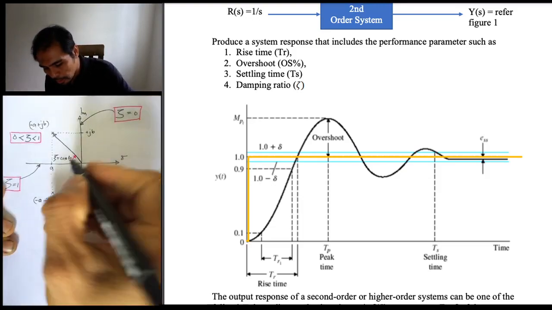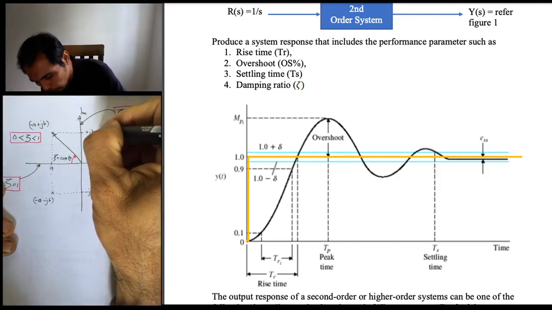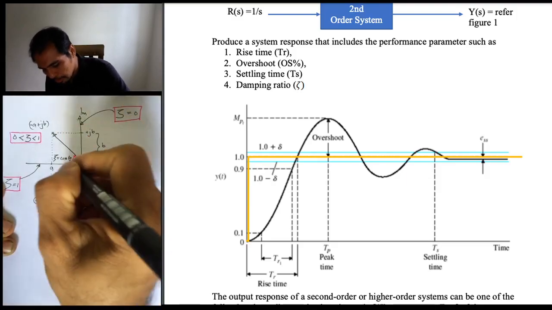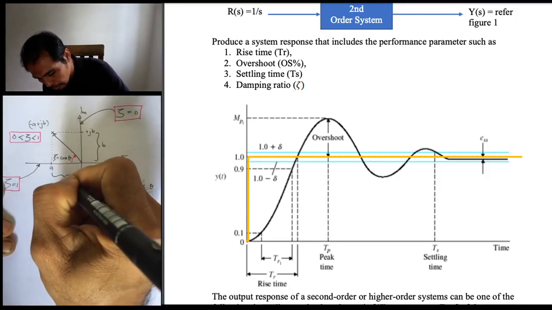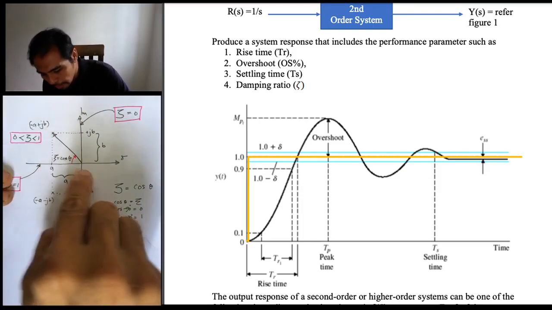Now we need to find the representations of what is A here, what is B here, right? So we need to find what is B, what is A. All right.